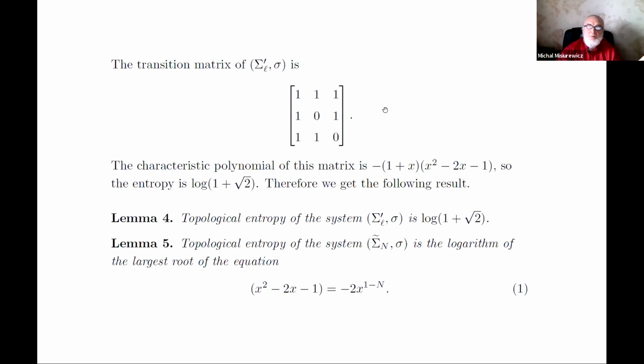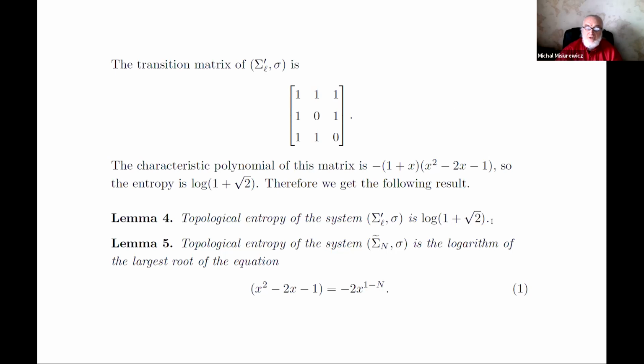So the characteristic polynomial is this. The entropy is the logarithm of the largest zero of the characteristic polynomial. So that's the logarithm of 1 plus square root of 2. So the topological entropy of this system is the logarithm of 1 plus square root of 2.